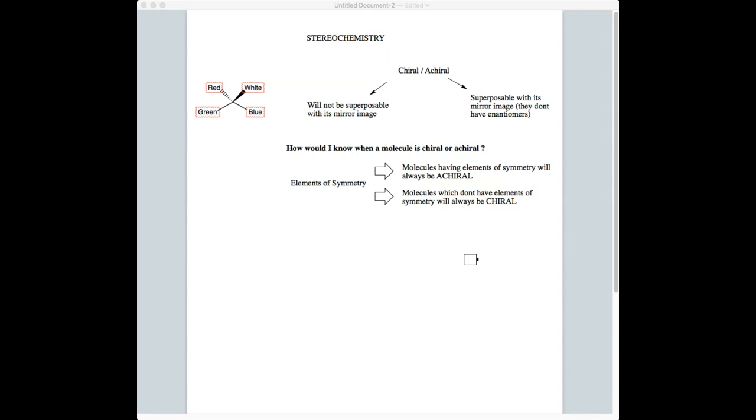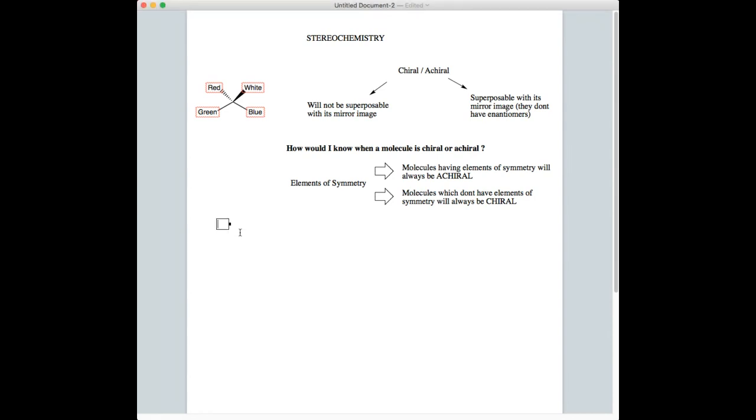Okay, so I have a molecule here which I'm going to change. Now I have two red groups here, and then white and green. Let's first define what an element of symmetry is.